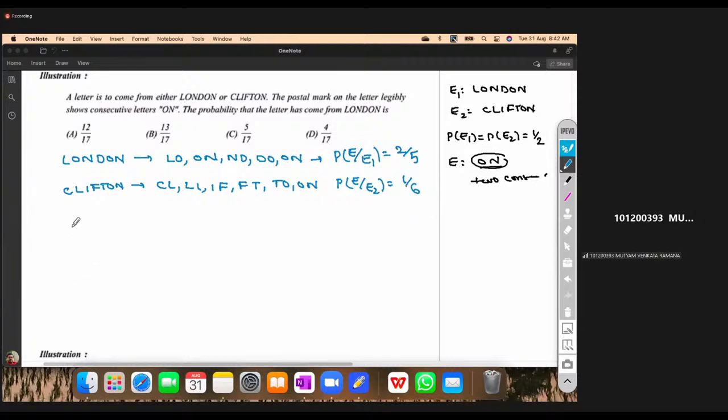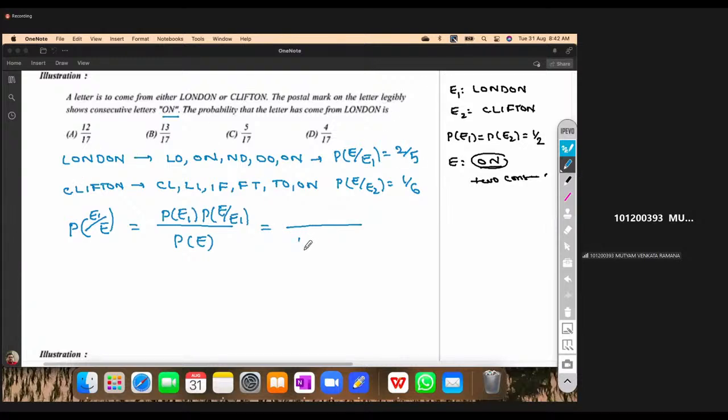Now, what is required? I know that ON is visible from London, E1. So the denominator is probability of E, and the numerator is probability of E1 into probability of E given E1. So for probability of E, you go to E1.